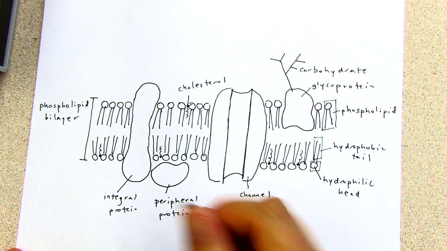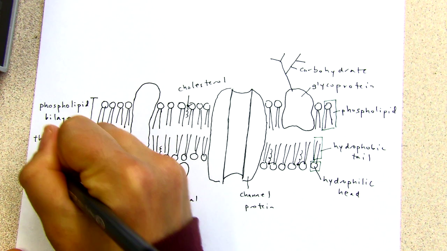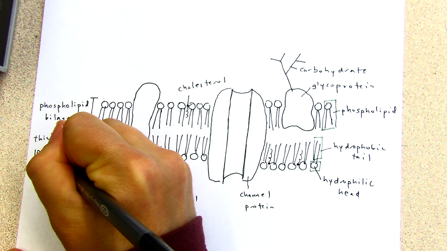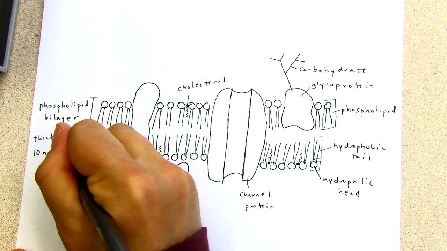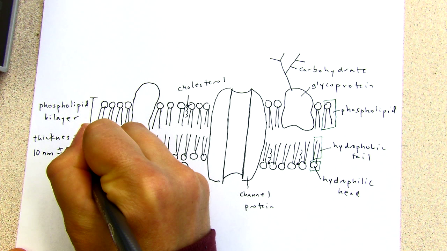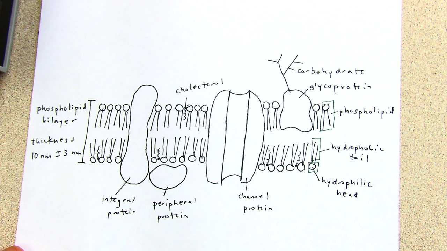And the thickness of the phospholipid bilayer is 10 nanometers, about 10 nanometers. And give me plus or minus 3 nanometers. So sometimes it's a little thicker, sometimes it's a little bit thinner, but that's the range. So we've successfully completed our picture of the phospholipid bilayer using the fluid mosaic or Singer-Nicholson model.